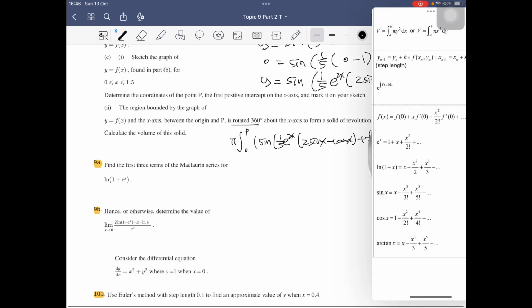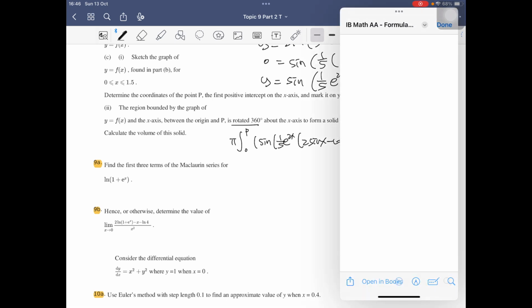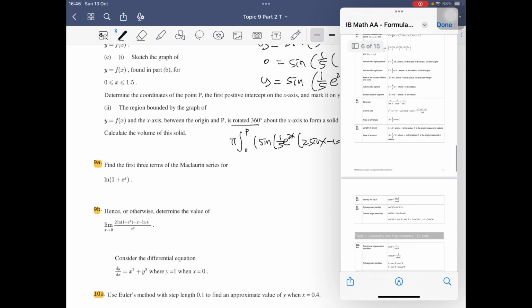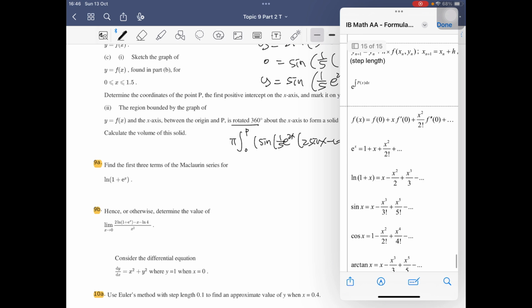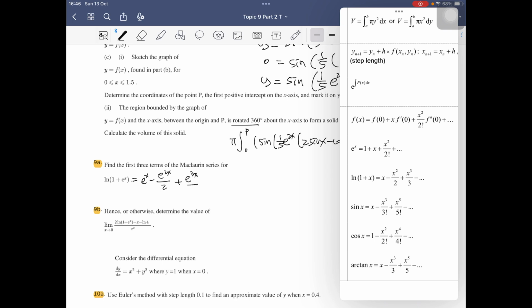So 9a, the first three terms of the Maclaurin series of ln(1 plus e to the power of x). Instead of x, we have e to the power of x, e to the power of 2x, e to the power of 3x, and so on.